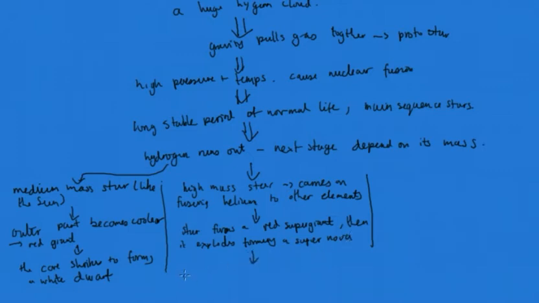Then the core will contract down to form a neutron star.